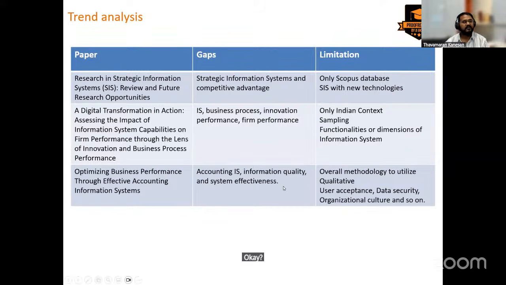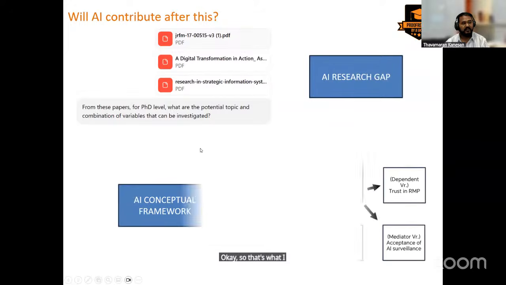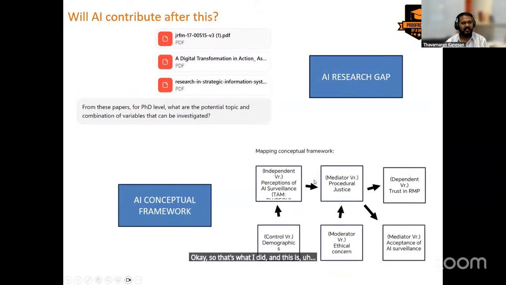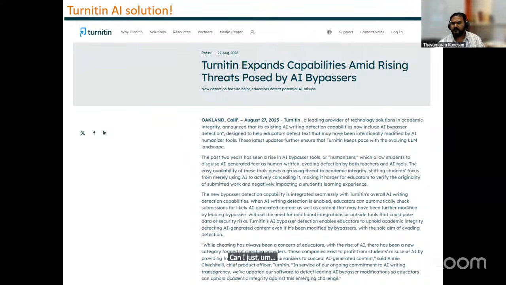Okay, I hope that is clear today. So just now someone asked a good question: if you use AI for rephrasing, the rephrasing can be fake.